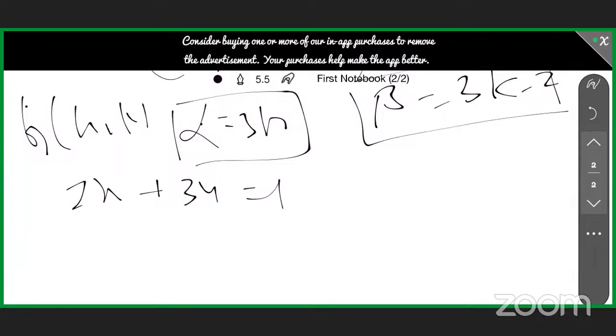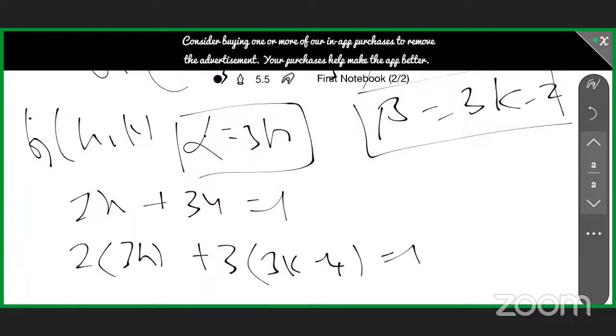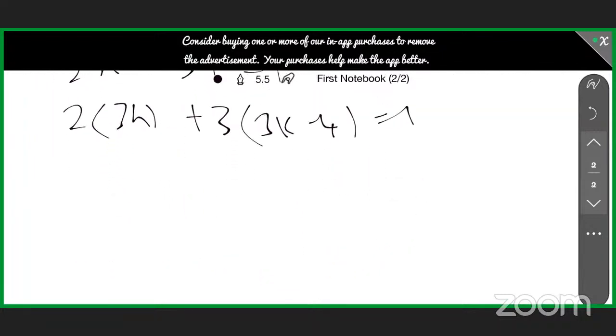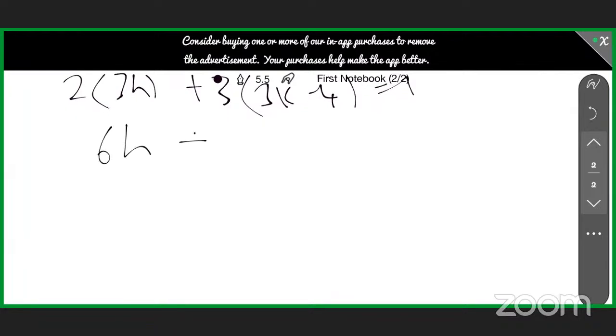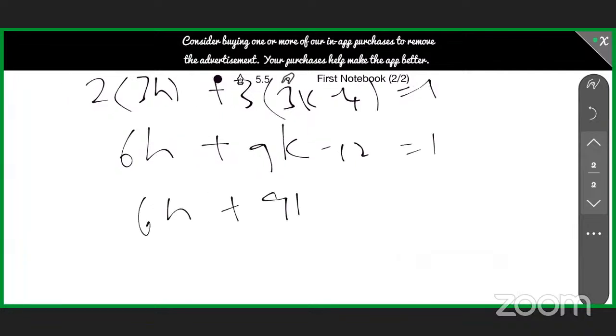So the equation will become 2(3h) + 3(3k - 4) = 1. That will be 6h + 9k - 12 = 1, so 6h + 9k - 13 = 0.